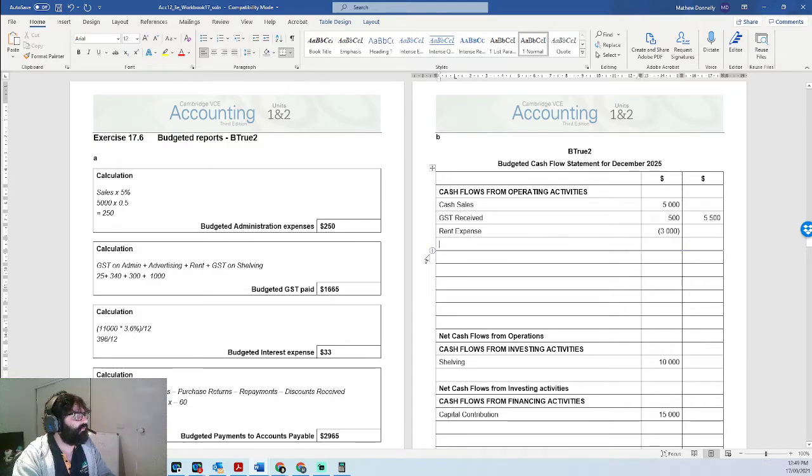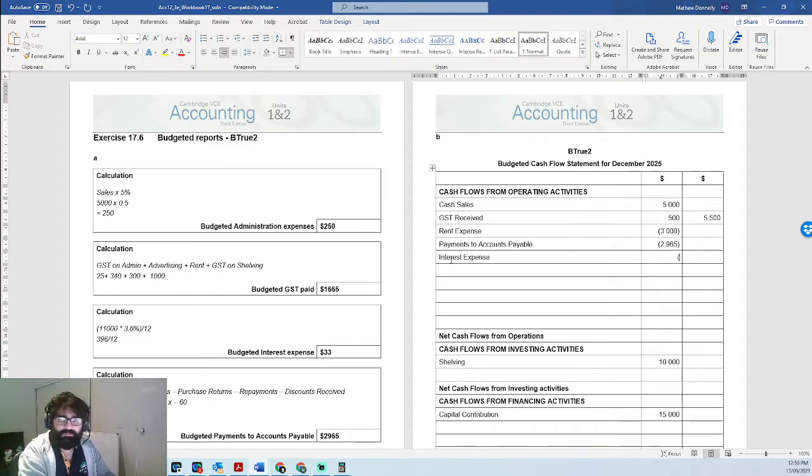We've done sales. Inventory is done on credit. Payments to accounts payable, and we see that was 2965. We go interest expense is 33.